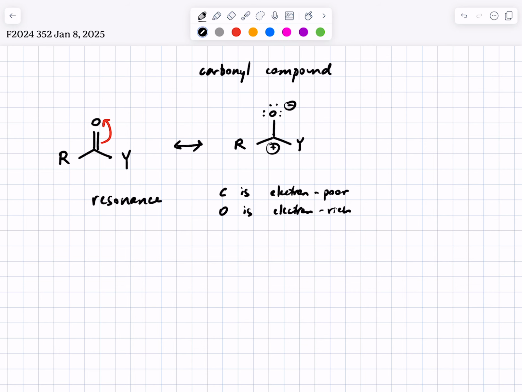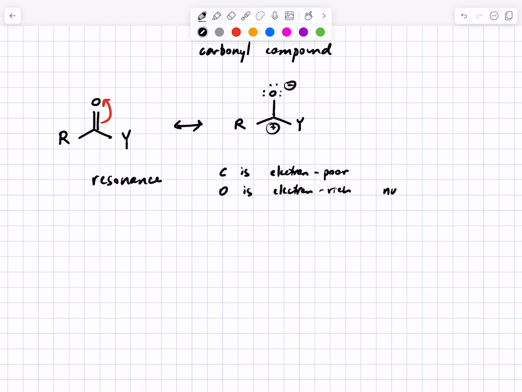So if a carbonyl compound were to act as a nucleophile, you would expect it to act as a nucleophile at the electron-rich atom, right? So you expect the oxygen to do the attacking if a carbonyl compound is a nucleophile.